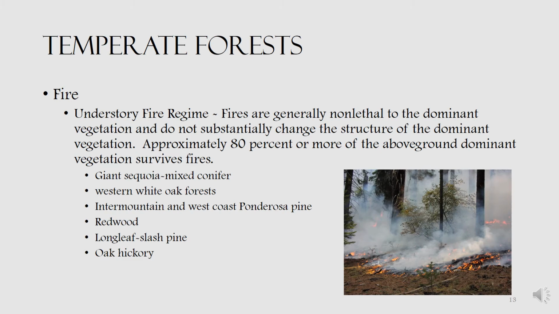Approximately 80% or more of the above ground dominant vegetation has to survive a fire for it to be classified as an understory fire. And some forest types that really rely on rapid turnover of understory fires include giant sequoia or western white oak forest, intermountain and west coast ponderosa pine, redwood, longleaf slash pine, oak hickory.